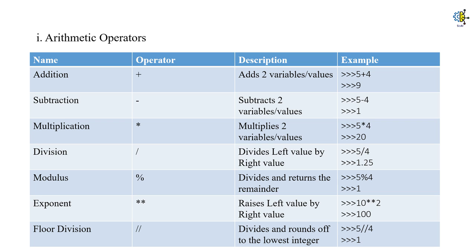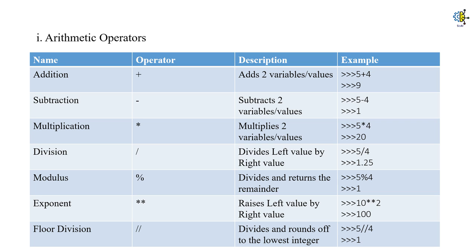The division operator, marked by a single forward slash, will divide the left value by the right-hand value. As you can see in the example, when you divide 5 by 4, you will get 1.25. Mind you that the division operator can result in floating point numbers such as given in the example.